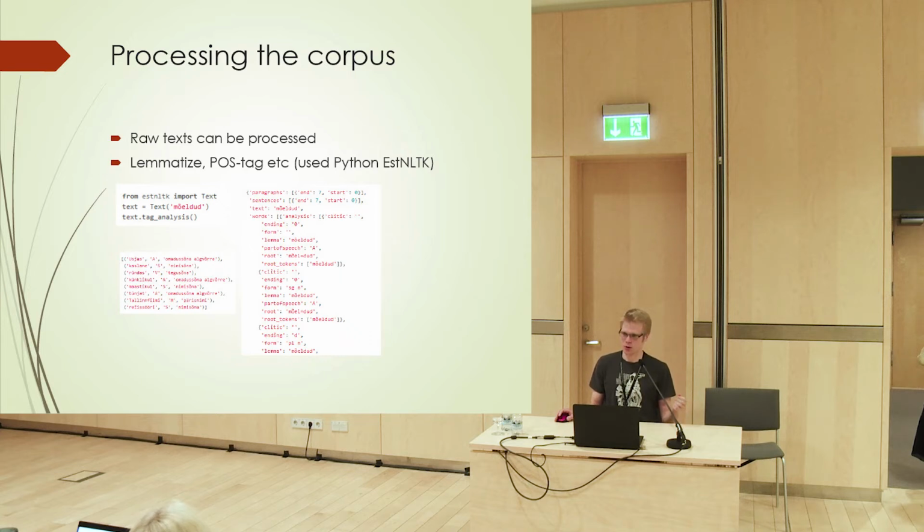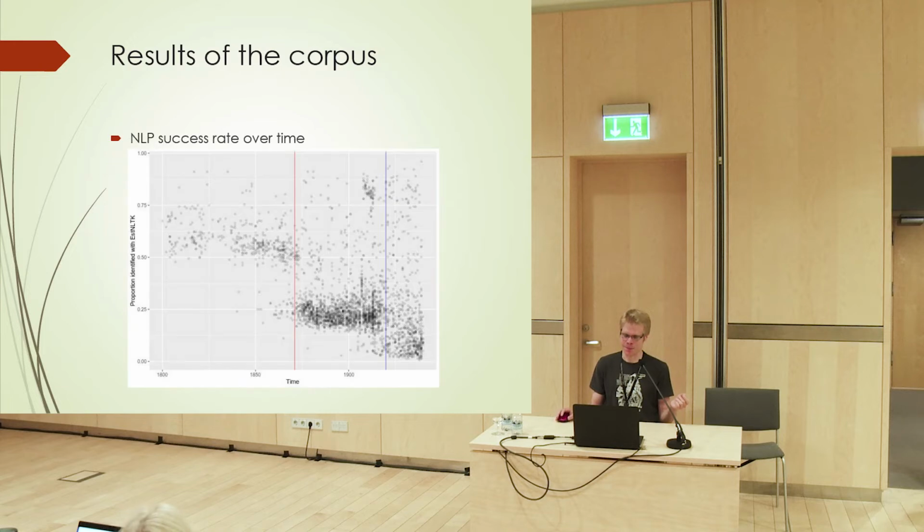So instead of rabbit and rabbits, you get just one version, rabbit, and you can start looking at how many rabbits there are in this text. Which already gives some interesting information about the corpus.